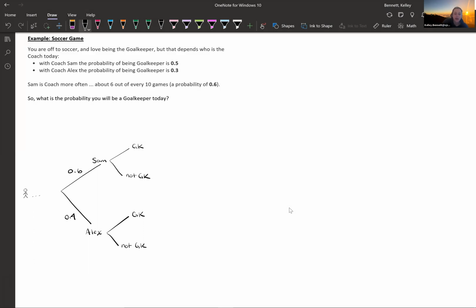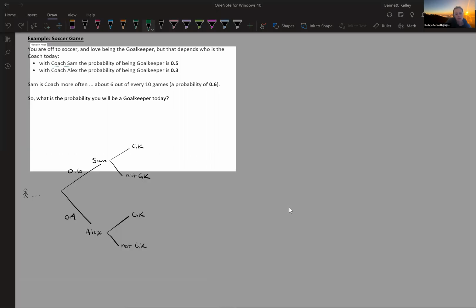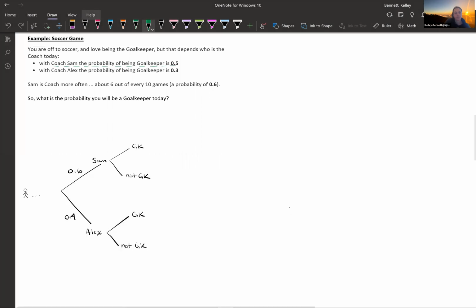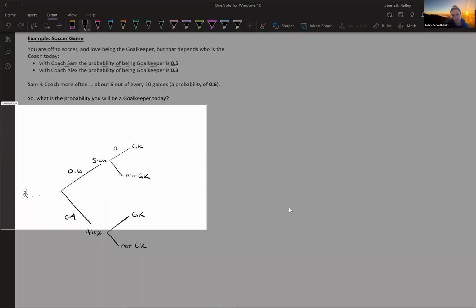And next I can go ahead and do my secondary branches. So with Coach Sam, the probability of being goalkeeper is 0.5.